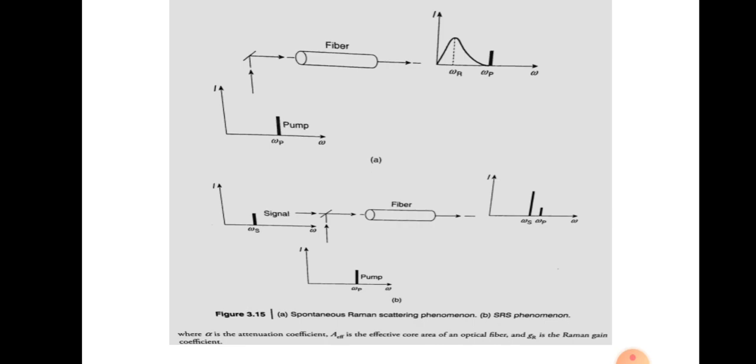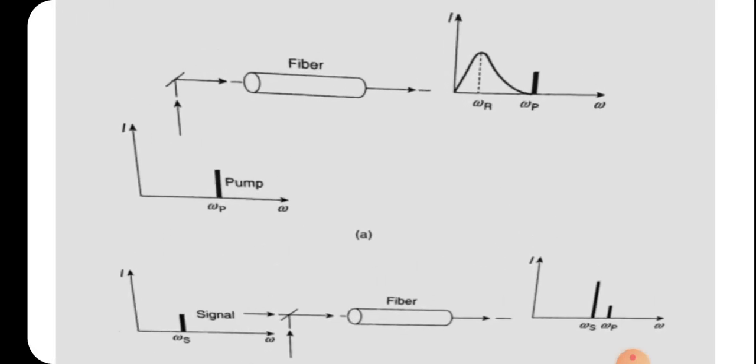Diagrammatically we can show it as in figure A. Here the pump wave, that is the incident photon, is shown, and the intensity is plotted against the frequency omega. The pump waveform has an intensity situated at a frequency omega p.